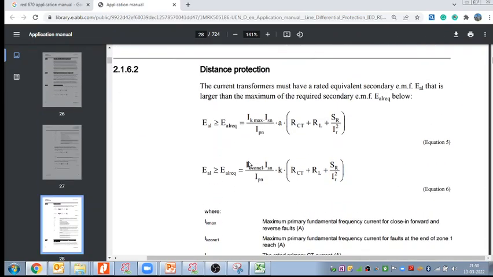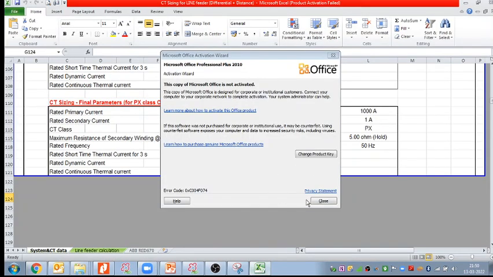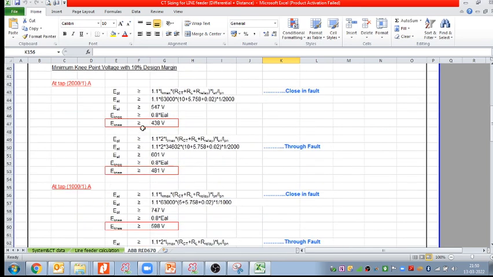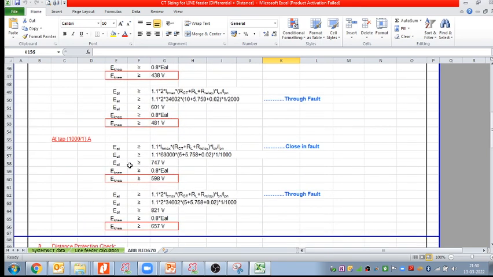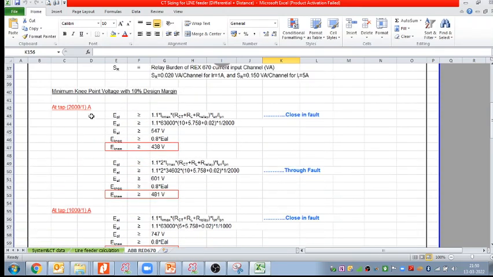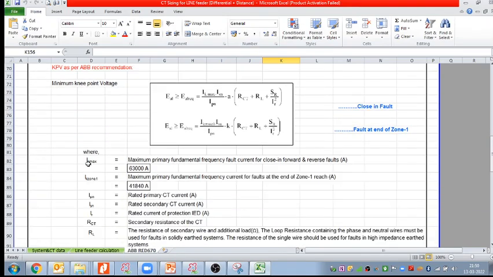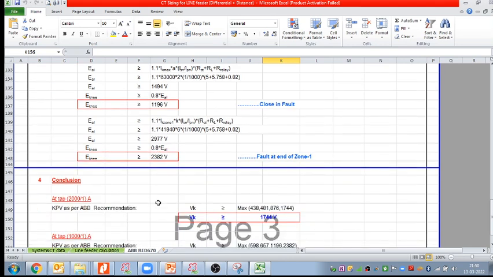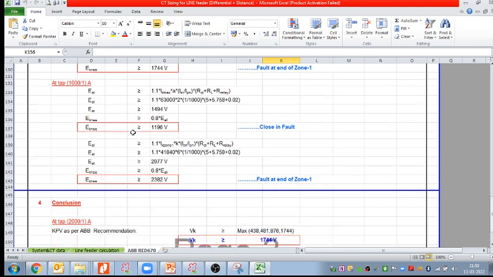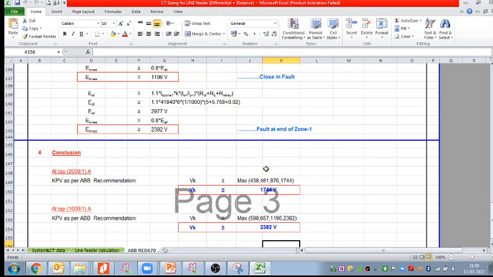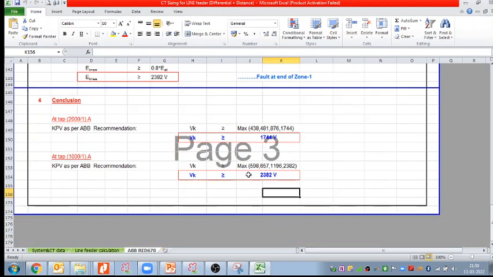There are four values we will calculate, as we can see here. I am calculating the four values: one here, then 2, 3 and 4. Four for the differential because there are two primary currents, and similarly 1, 2, 3 and 4 here. So in total we are calculating 8 values, and the one which provides the highest voltage we put as the recommended knee point voltage.